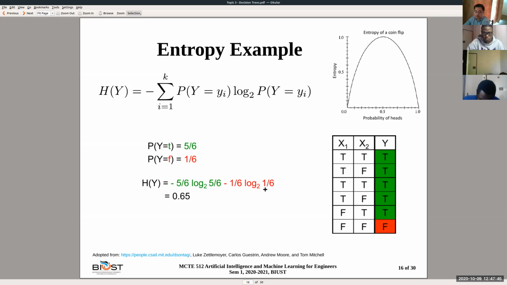If it was large, medium, and small, this would be the term for the probability of large, minus the probability of medium, and minus the probability of small. But for us, in this example, there are only two outputs, probability of true and probability of false, and thus the entropy is 0.65.